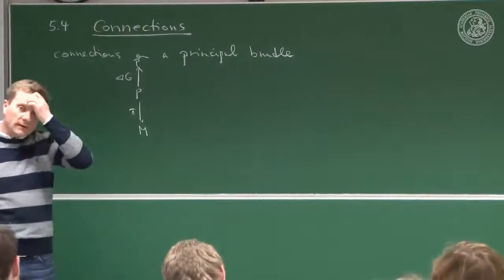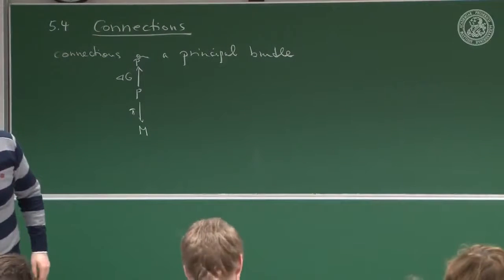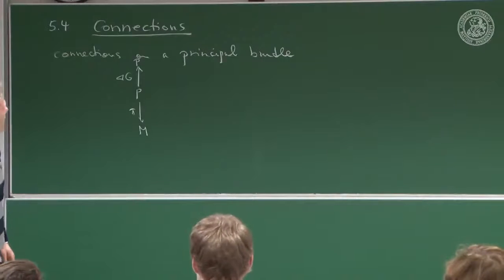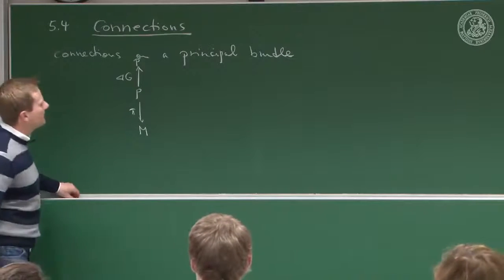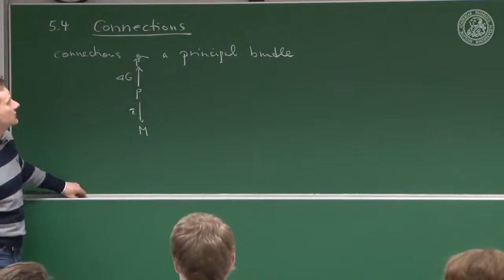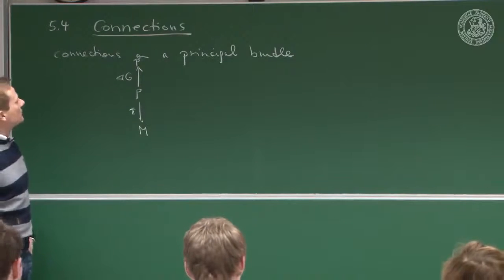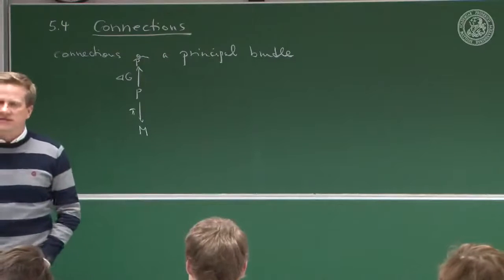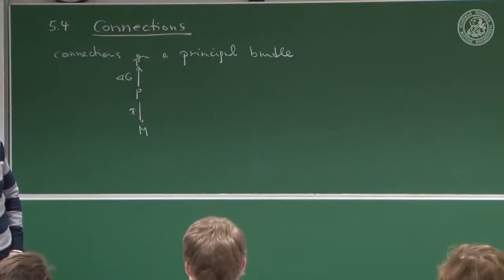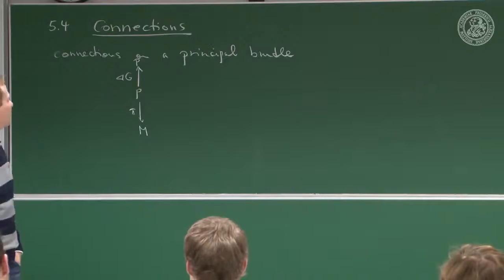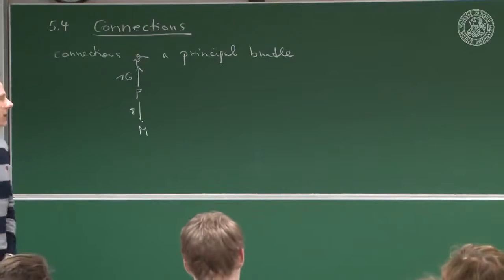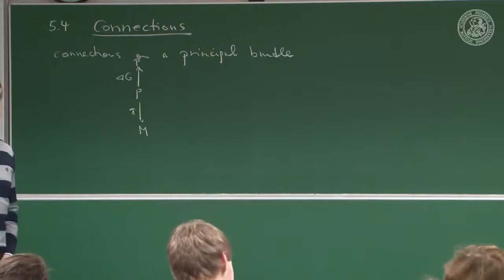There's a warning: you probably already met the notion of a connection in, say, differential geometry or general relativity, and there very often the term connection is used synonymously with covariant derivative and synonymously with parallel transport. Well, you need to forget about this.